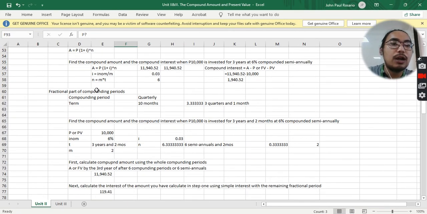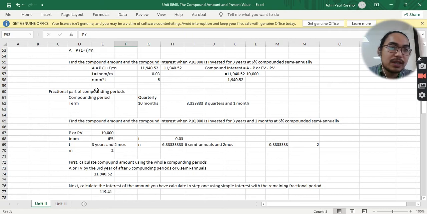Remember, for Unit 2, for computing the compound amount with fractional time, what you have to do is get the whole number of total compounding periods, and then from that whole number, you get the compound amount, and then you compute the simple interest of the compound amount computed initially for the remaining fractional time.